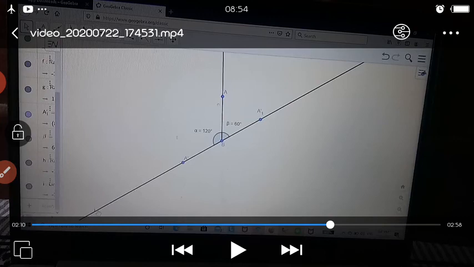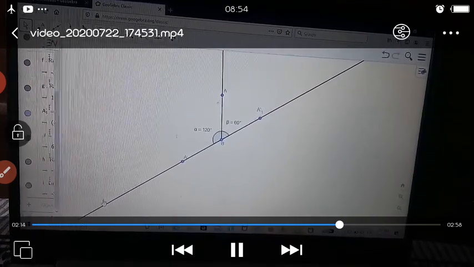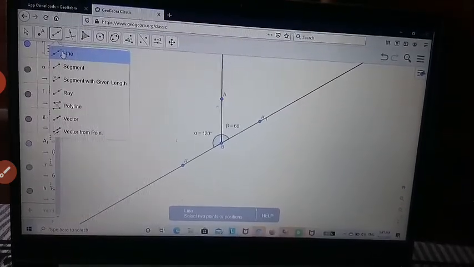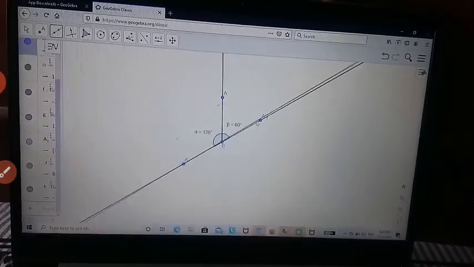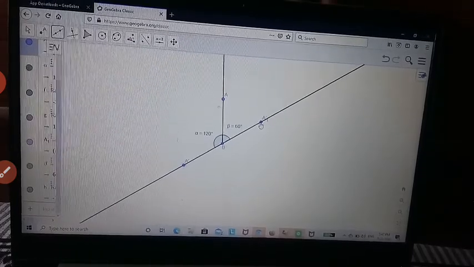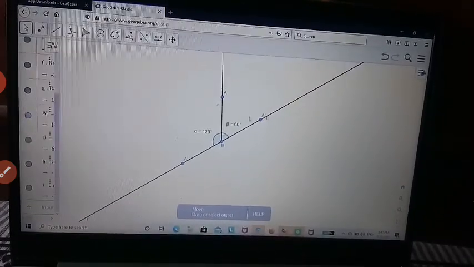Since we cannot use a ruler here, what we will do is choose a line and pass it through two points, that is A dash and A1 dash.